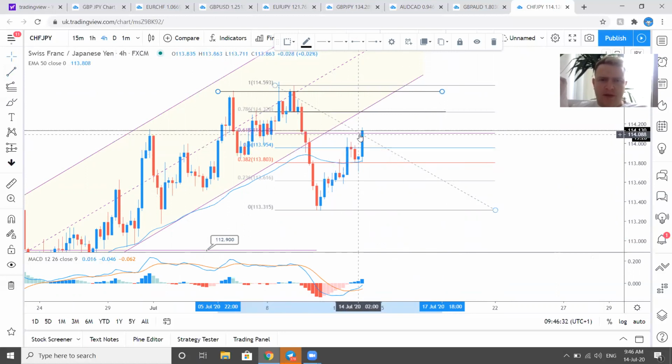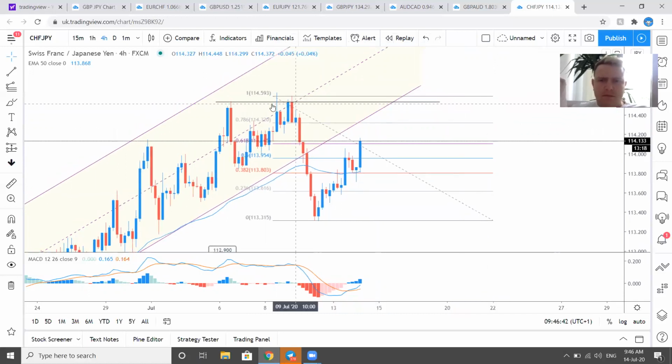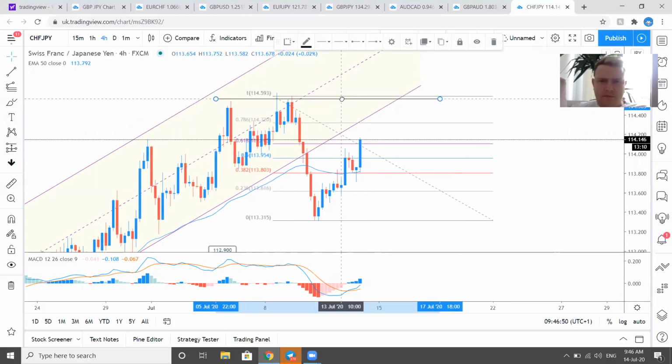If we hit this channel bottom, we can't use this level to invalidate the setup because we need to hit that level. However, we can use this level. So when we hit here, we know that if we're going to punch past all of these highs, we no longer want to be in the trade.